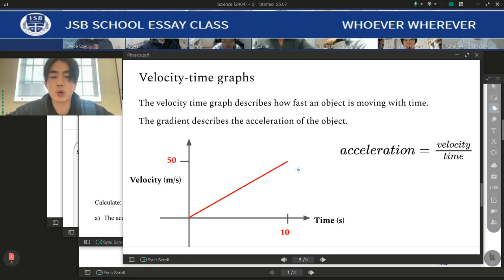So what's happening to the object? Can you describe what's happening to the object? Ian, what do you think is happening to the object? What's the object doing? Moving. It's moving, right? But is it moving at a constant speed or velocity, or is it getting faster, slower? What do you think? It will be moving slowly.